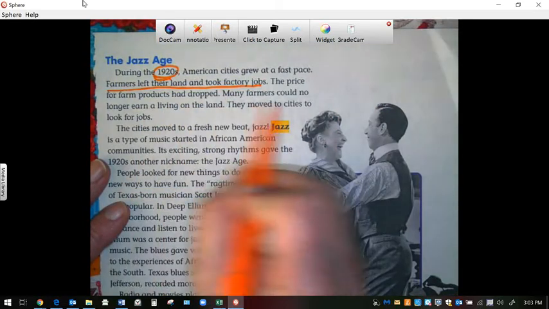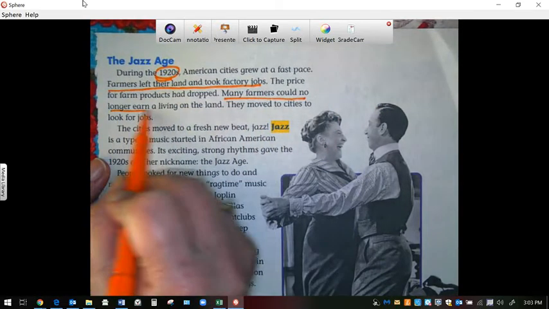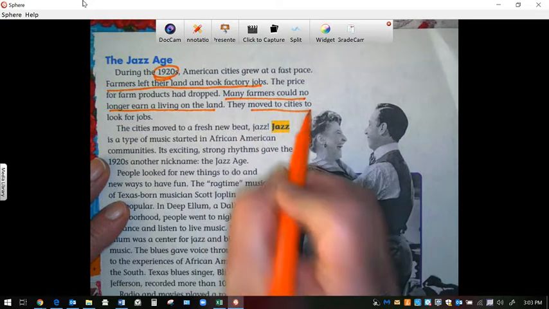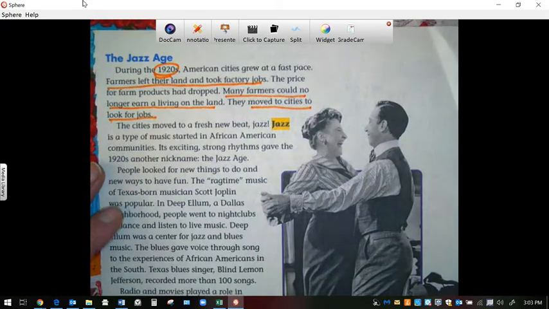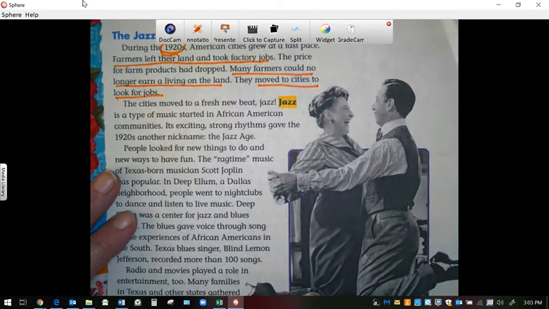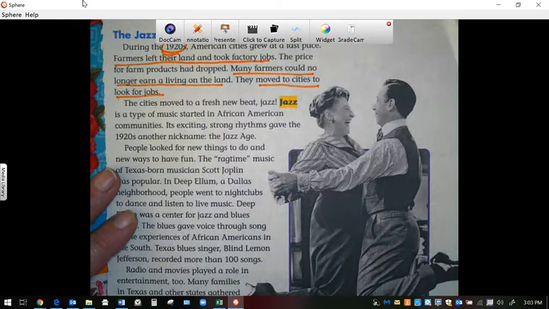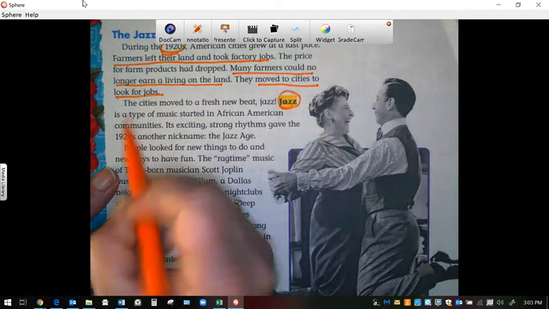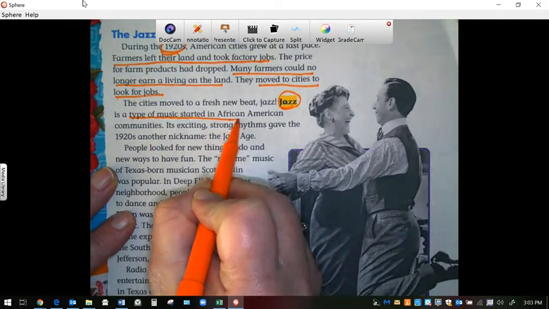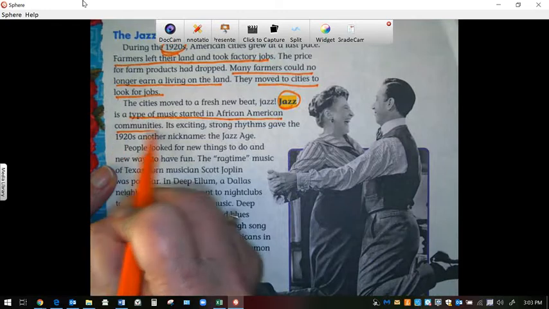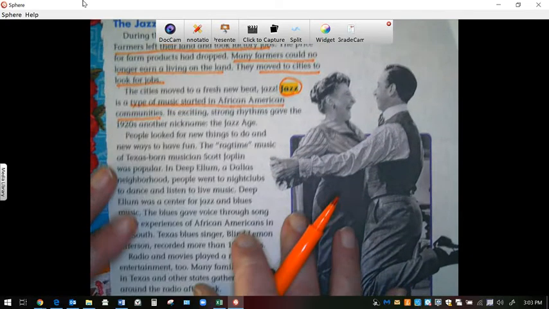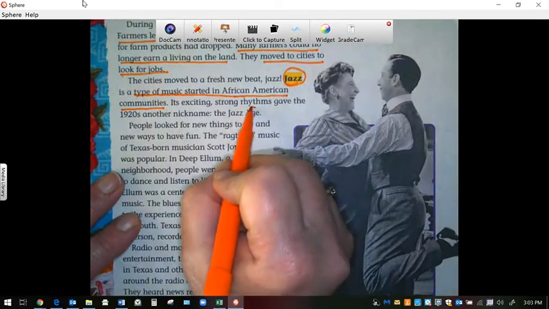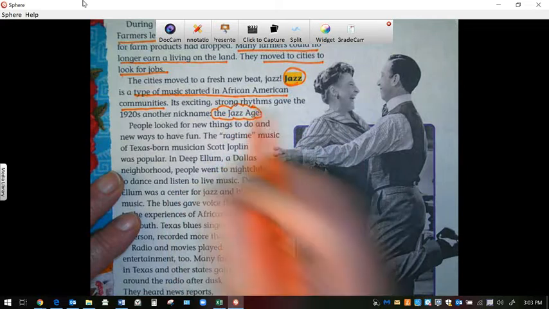Many farmers could no longer earn a living on the land, so they moved to cities to look for jobs. The city moved to a fresh new beat, jazz. So jazz is a type of music that started in African American communities. Its exciting, strong rhythms gave the 1920s another nickname. It was called the Jazz Age.